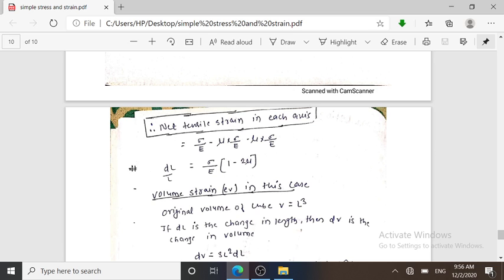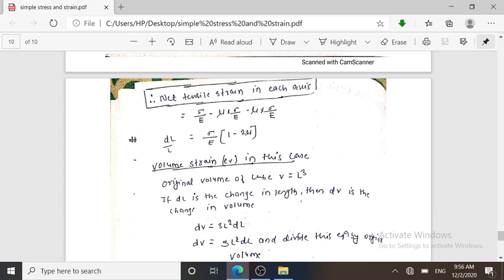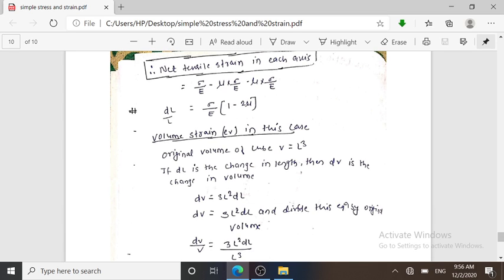Now we will talk about the volumetric strains. Now my dear friends, we all know that the original volume of the cube is L cube. If dl is the change in length, then dv is the change in volume. So differentiate the original volume with respect to L. dv by dl: if you differentiate L cube, it must be 3L square dl.